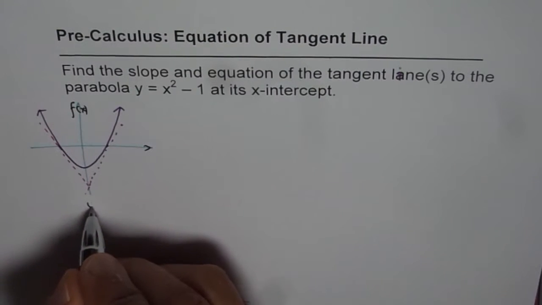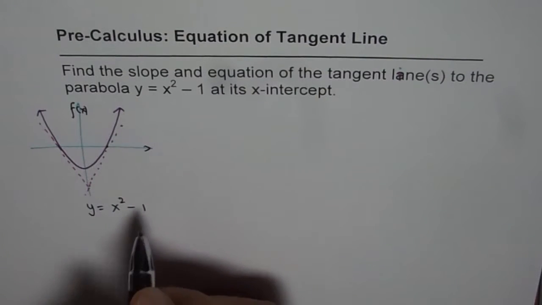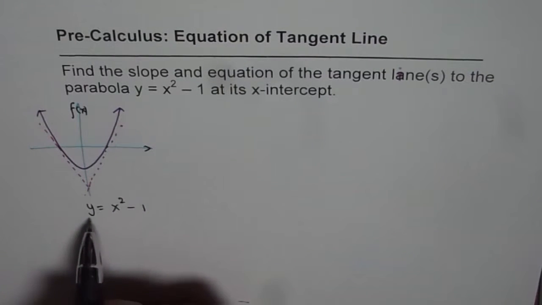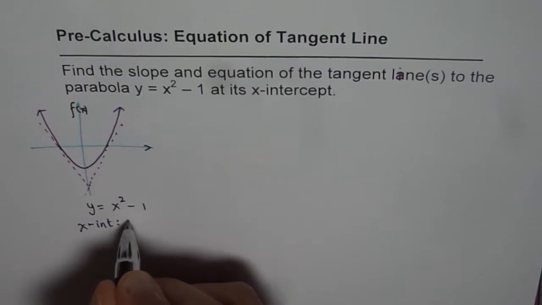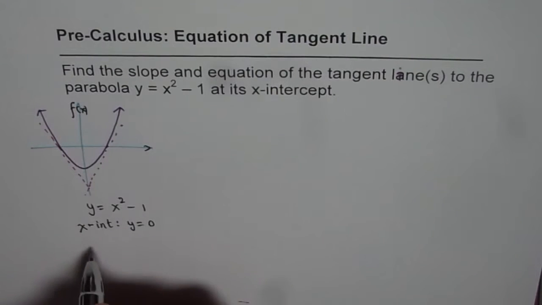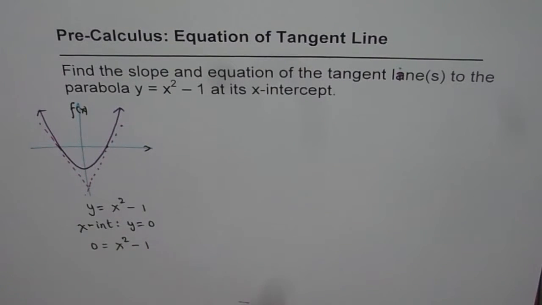Now you're given a function y equals x squared minus 1. To find x-intercepts, we have to equate y to 0, right? So x-intercepts means that y is equal to 0. So we write 0 equals x squared minus 1, and that means x is equal to plus and minus the square root of 1, which is plus and minus 1.